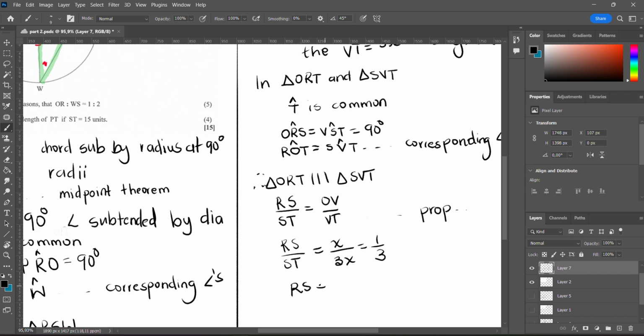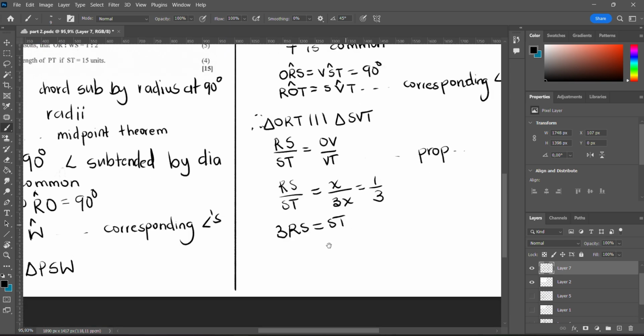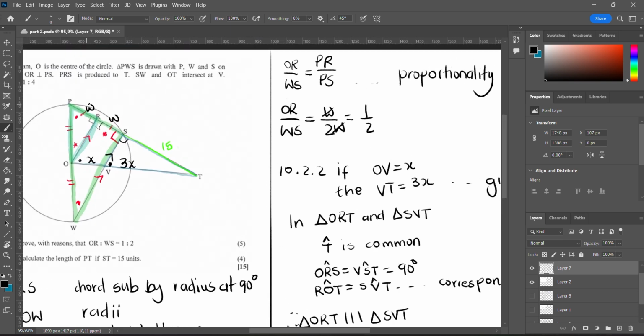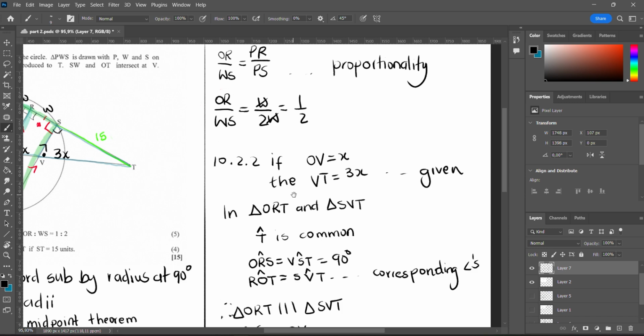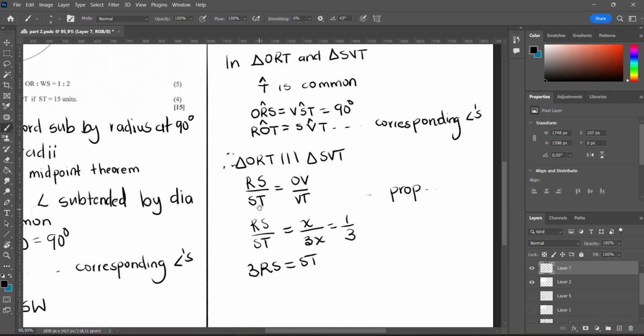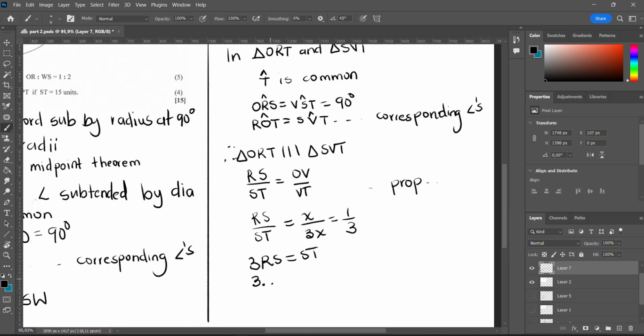Therefore 3 RS equals ST, right? So what did we know? We know that PR over RS equals W's, right? So we can solve for W from this right here. So 3 times W equals ST, which is 15 units. Therefore W equals 5 units.